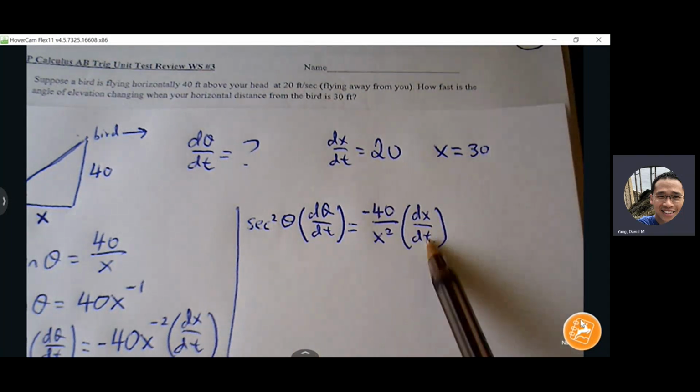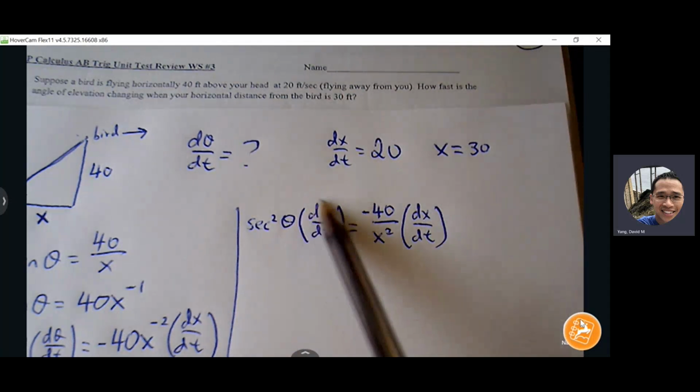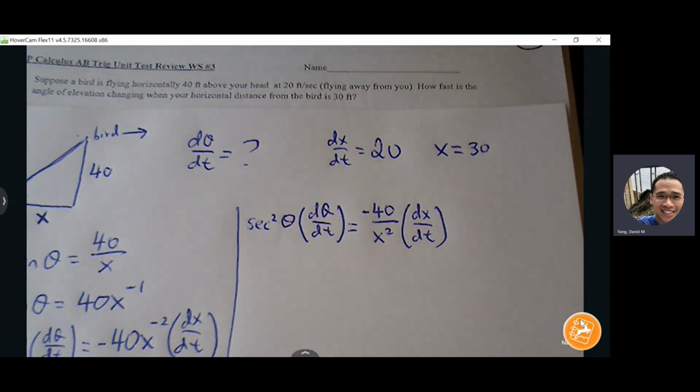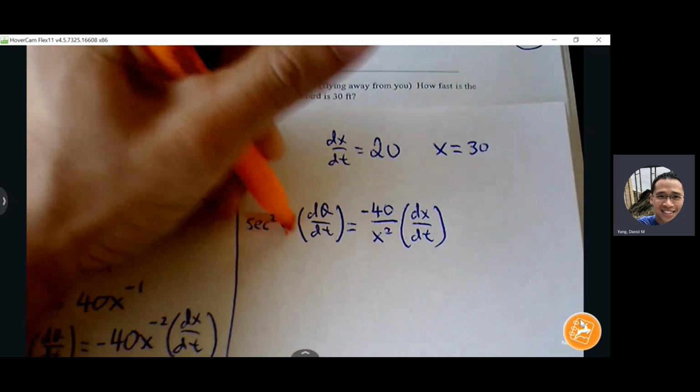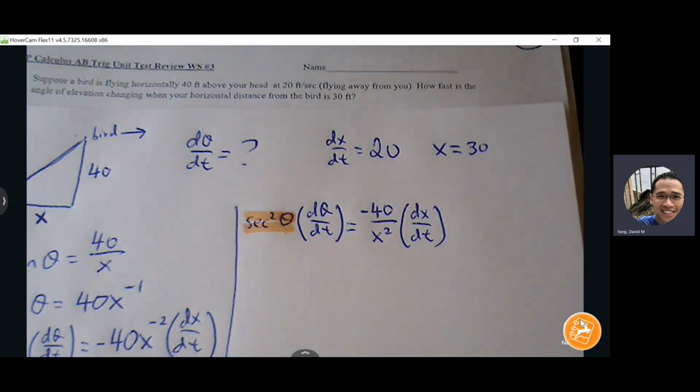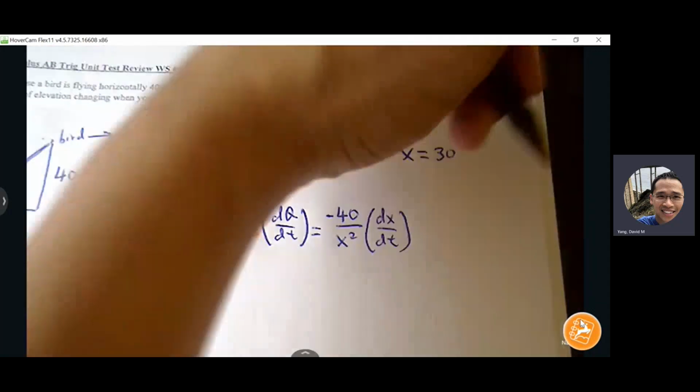We have dx dt. We're looking for d theta dt, so it should remain unknown. So the only thing left that we need is what? Secant squared. Make sure that you're not stuck trying to figure out what theta is. We're not going to be able to know what theta is, but rather we're going to figure out what the entire ratio is. So we go to our triangle.